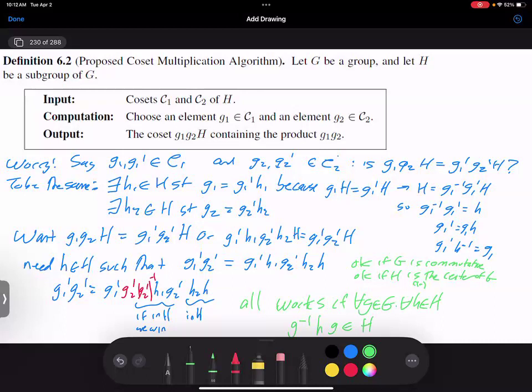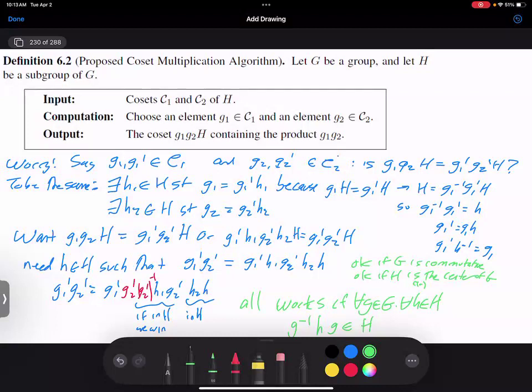And then you could ask, is this the minimal condition that will work to have the set of cosets giving us a group? This will work because if we know that G inverse HG is in H for every choice of H in H and every choice of G in G, then yes, this will be G1 prime, G2 prime times something in H. So all we have to do is find subgroups that have this property.